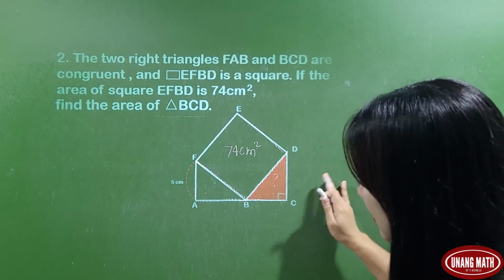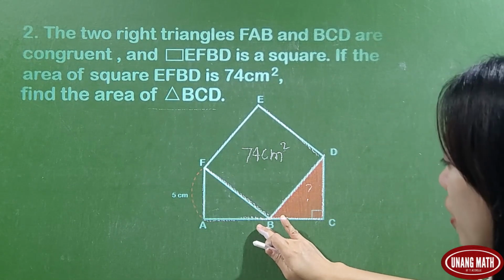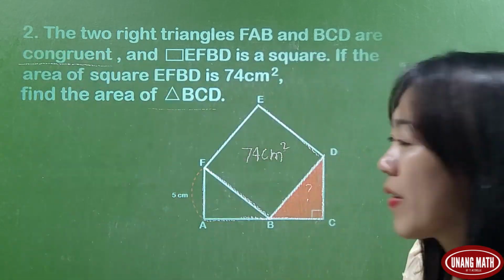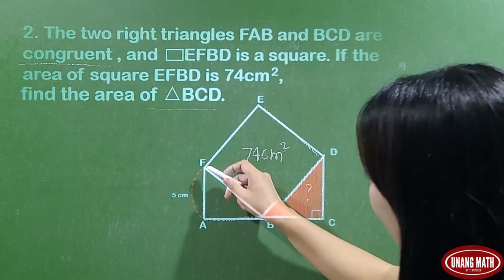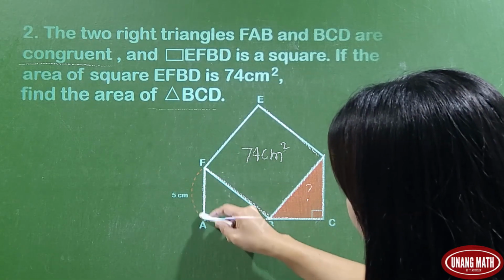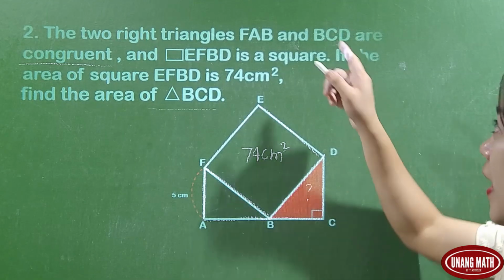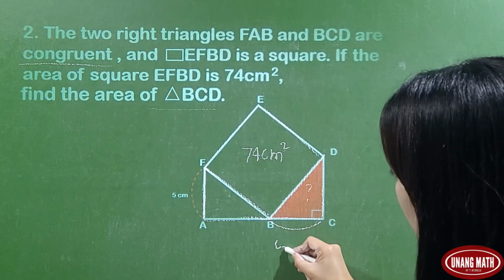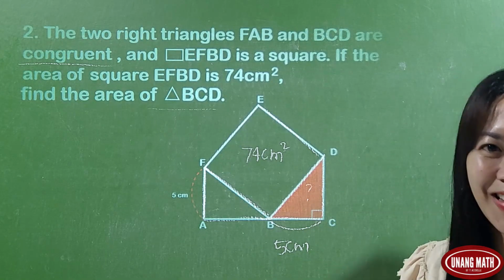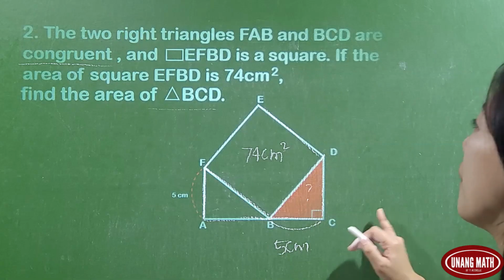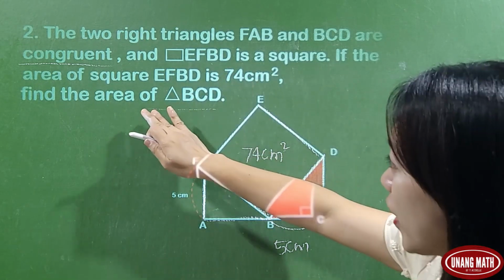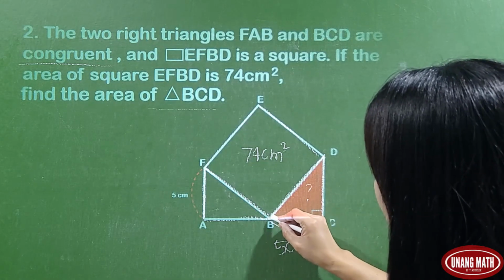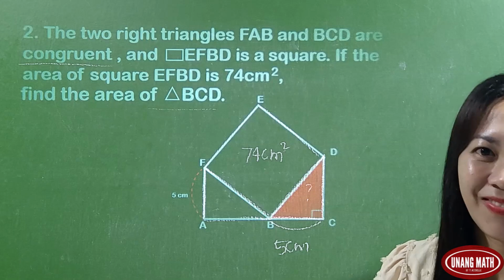Okay, since triangle FAB and triangle BCD are congruent triangles, and this side of this triangle is 5 centimeters, that means this side of this right triangle is also 5 centimeters. Now, we are trying to find the area of this right triangle BCD.